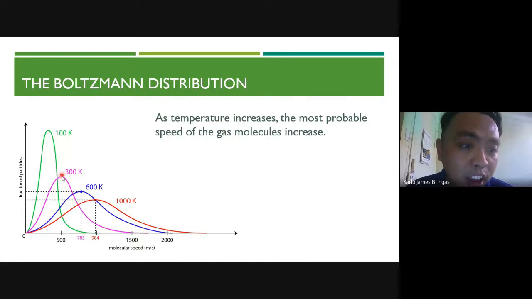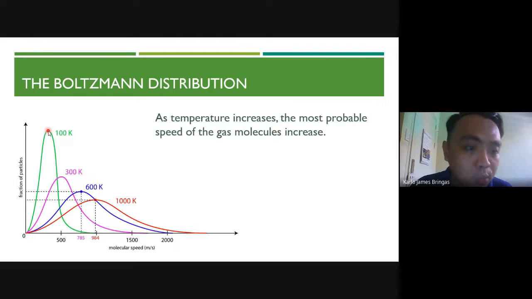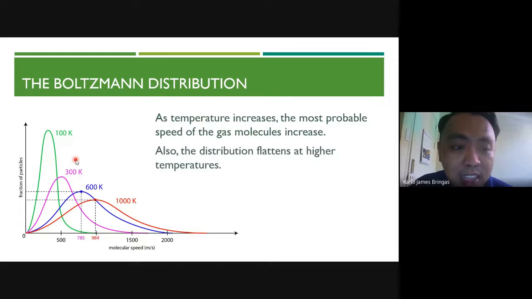Now as you go higher and higher in temperature, our mountain becomes less steep, so that from the 100 Kelvin, which is almost a vertical mountain that we need to climb just to go to the top, as we go higher and higher in temperature, our mountain becomes something that we can more easily walk on. So another trend that we can see is that our distribution flattens at higher temperatures. That's also another observation that we have.